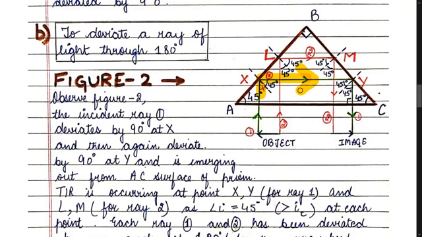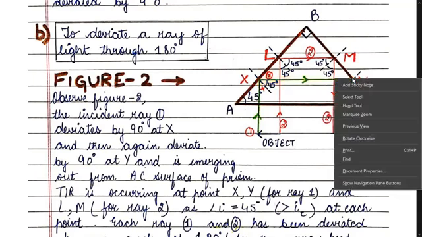At point X, the condition of TIR is occurring. Now the light has totally deviated by 90 degree. And this ray number 1 is now further moving towards the CB surface of the prism, such that it is again incident at point Y.